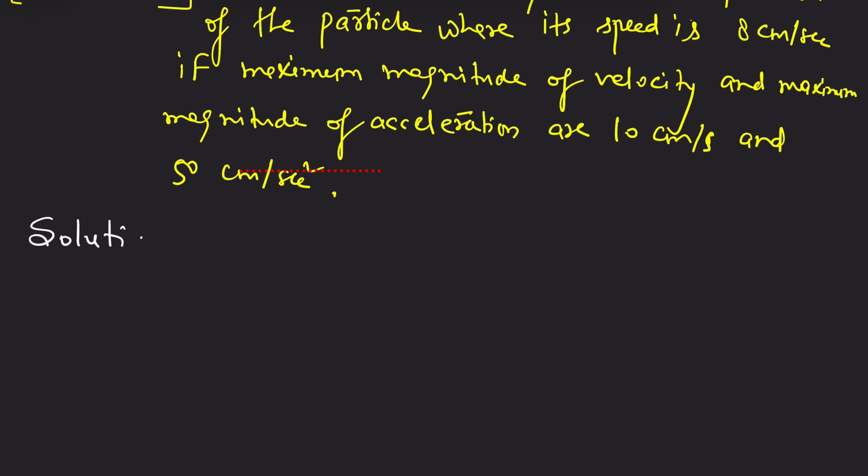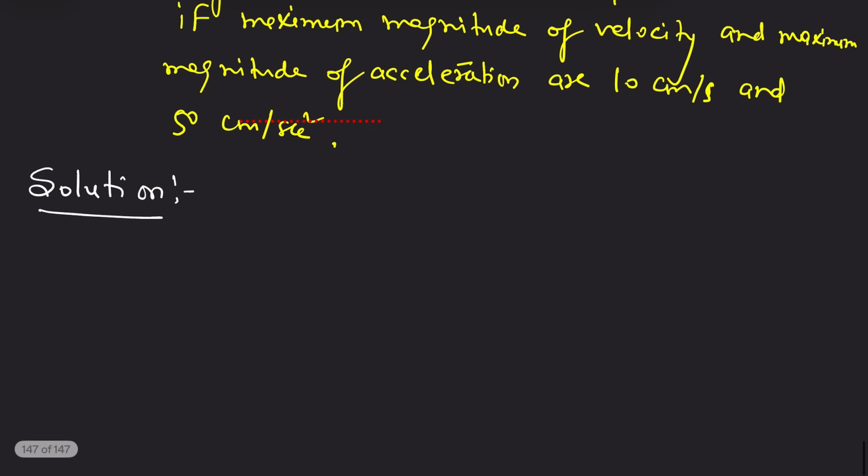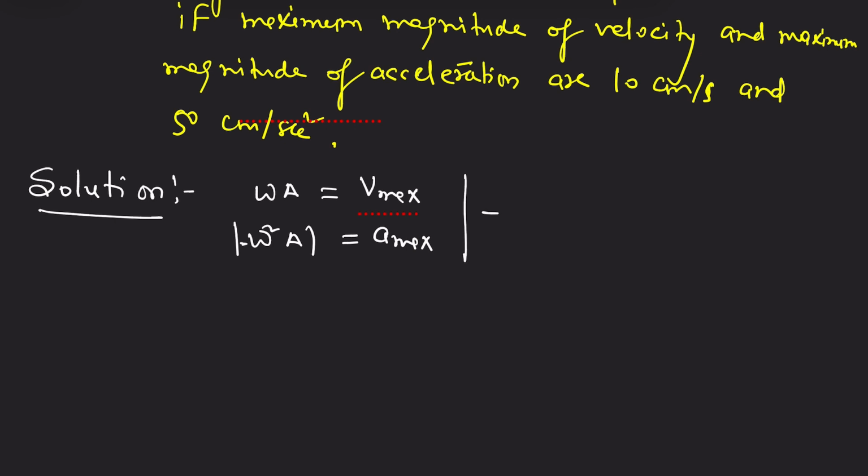So if you see, omega into A is v max, and omega square A, magnitude wise, if you want you can put minus also, that is going to be your a max. So from here we can find out omega, which is a very important thing because we need that.